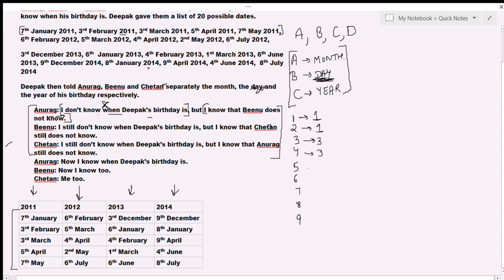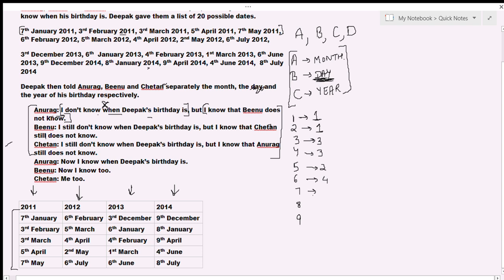Date 5 appears in 2011 and in 2012, two times. Similarly, we'll write it for each of the dates. Date 6 appears 4 times: twice in 2012 and twice in 2013.